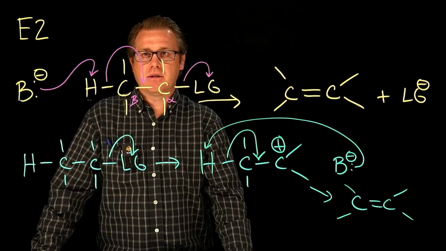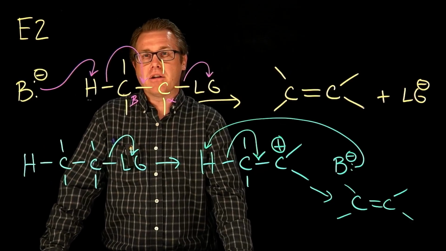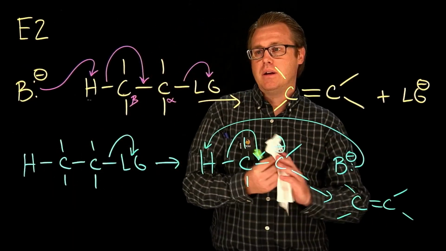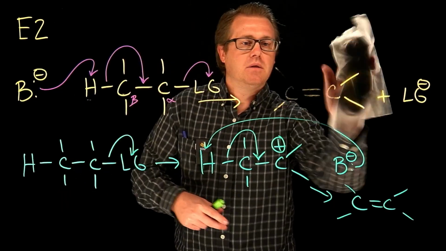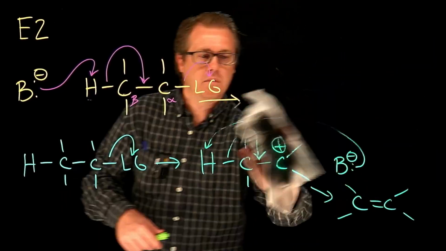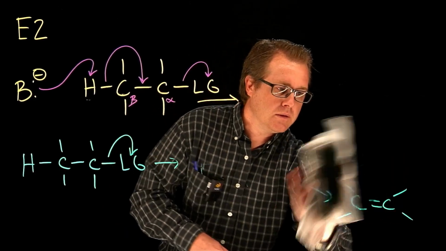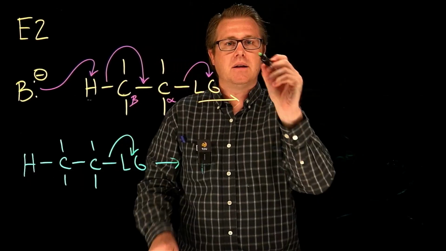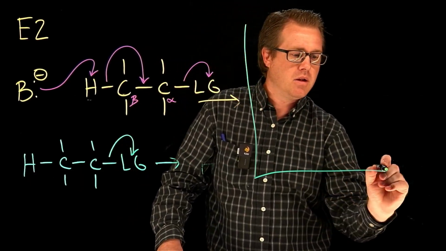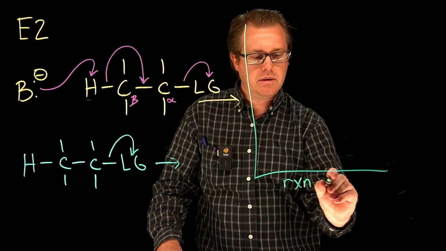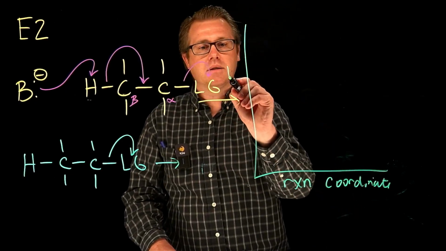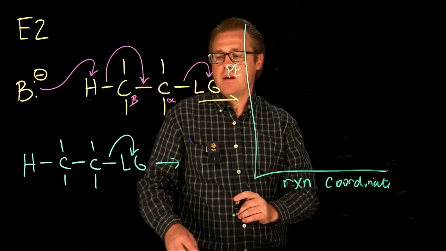Before we get to answering that question, let's just look at the energy diagram of the E2 and what that's going to look like. So if we draw ourselves an energy diagram, this is our reaction coordinate. Okay. This is our potential energy.